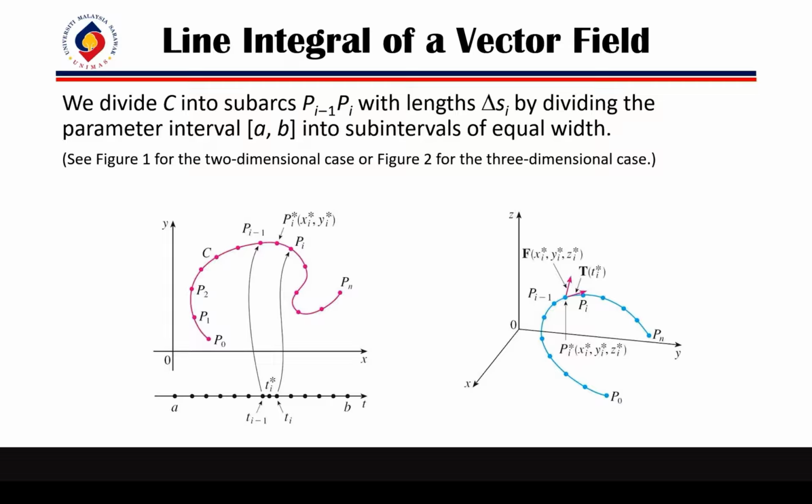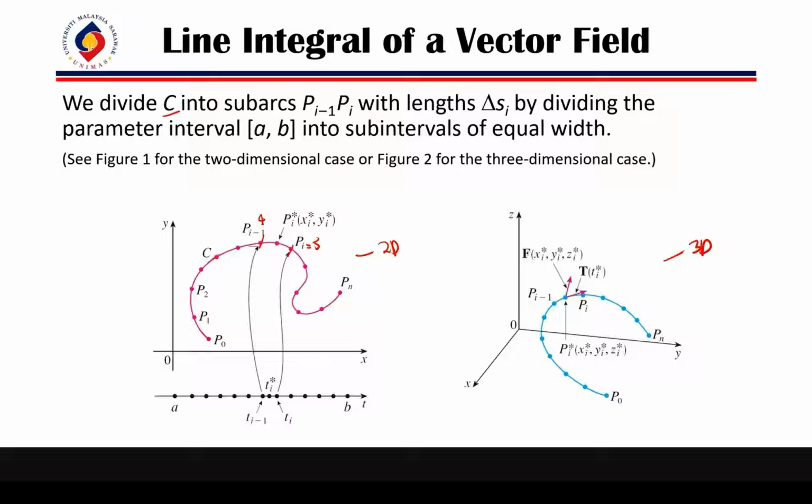So this is the two-dimensional. So this is the three-dimensional, right? So the concept is almost similar. So we have to divide C. C is the curve here. So in this two-dimensional case, the pink curve here, the pink line here, we divide it into Pi minus 1, Pi. Let's say i is equal to 5, so Pi minus 1 here is 4, so Pi here is Pi asterisk.